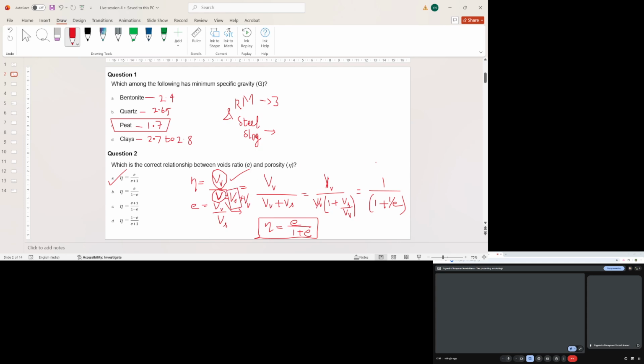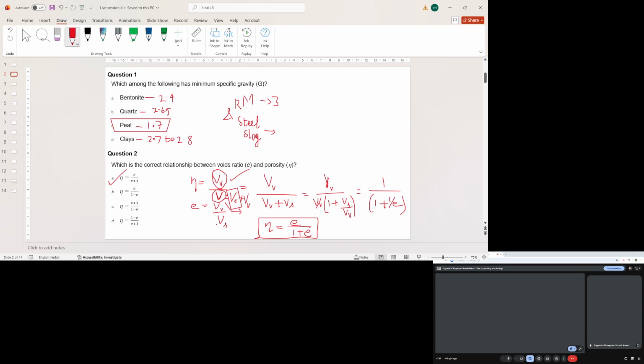You have a specific number of grains in a particular volume. The way you compact it is going to change the total volume. Otherwise, the volume occupied by the solids, that is the grains, is going to be constant. So it makes more sense to define a term where the volume of voids is defined with respect to volume of solids, which is not a variable for a particular total volume, right?